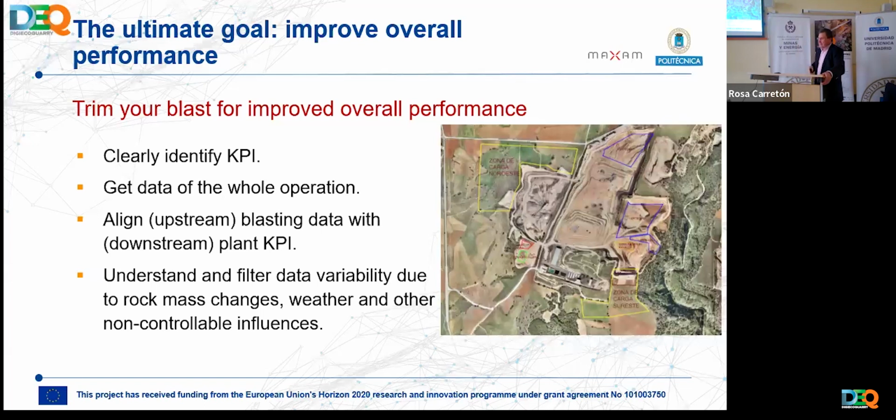Was it the drill pattern, etc.? No, sometimes it's just that the rock changes, and for that it's very interesting to have a good rock mass control, like I was explaining in my first talk. But sometimes things like weather and other non-controllable influences are important. If you have more water in your material, then the plant may behave differently, etc., etc. So that has to be understood.